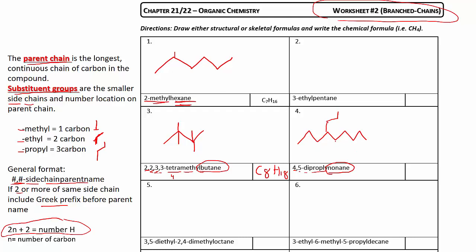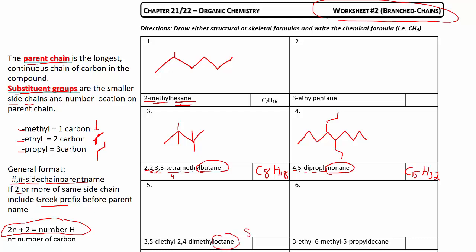And then off the fifth carbon, another 1, 2, 3 carbon chain. So in the end, nonane, 9 carbons, plus 1, 2, 3, 4, 5, 6. That would be C15, times 2 plus 2, H32. So as we're working through all of these, look at what that parent chain is.